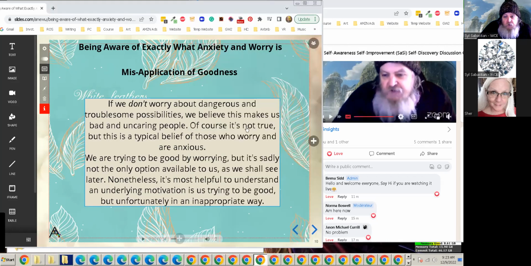When you're talking about inappropriate application of goodness, I'm really interested in hearing where you're going to go with this today. I heard somebody earlier using an interesting word. They said they felt ridiculous in the aftermath of leaving their situation, because they should, and I'm saying these words deliberately, because they should have known better.